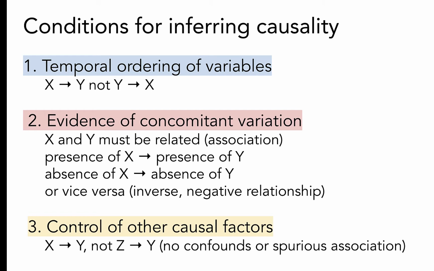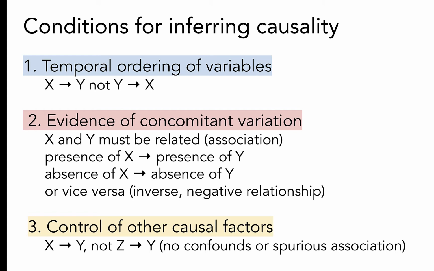The second condition is there must be evidence of concomitant variation, and this is basically just a fancy word for there has to be a relationship between your two variables. X and Y, so your independent and your dependent variable, must be related, must have an association between them. This could be a positive relationship or a negative relationship.